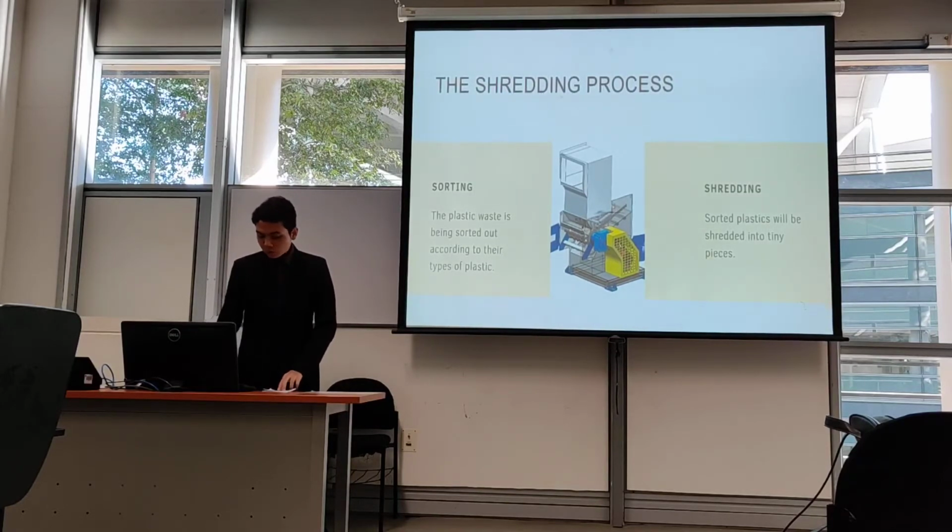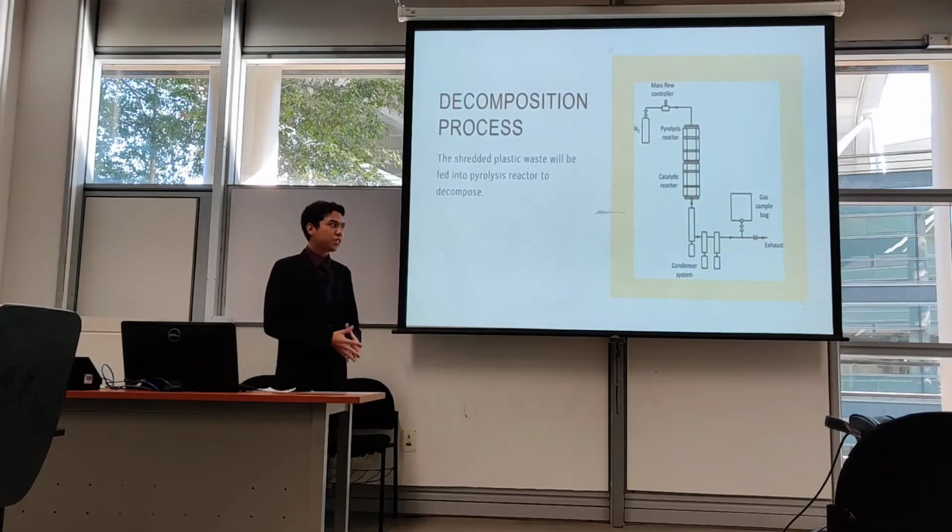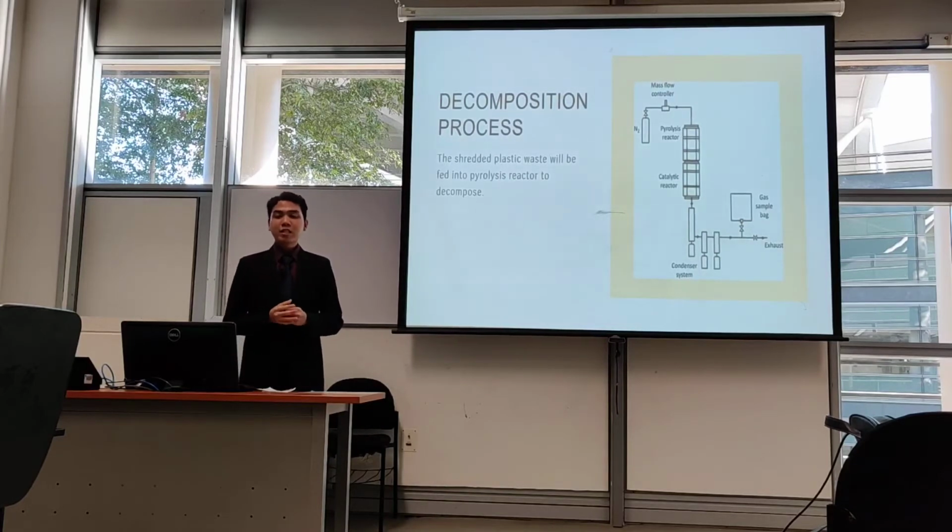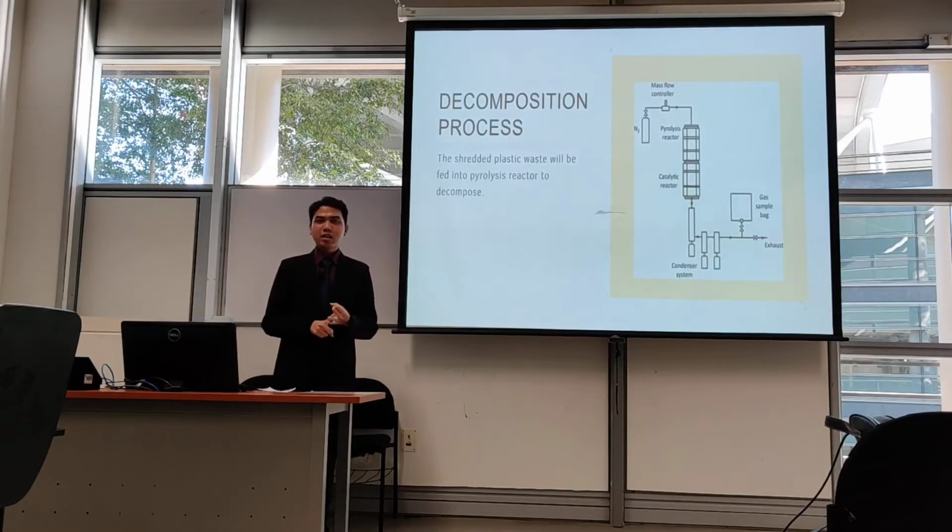So moving on to my next point, the decomposition process. The decomposition process uses the pyrolysis method. The meaning of pyrolysis is: pyro means fire and lysis means separating. So it just separates the molecules by introducing heat.